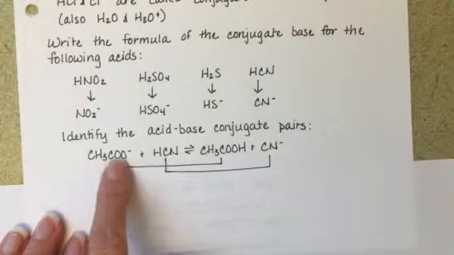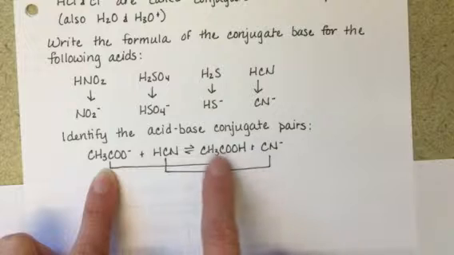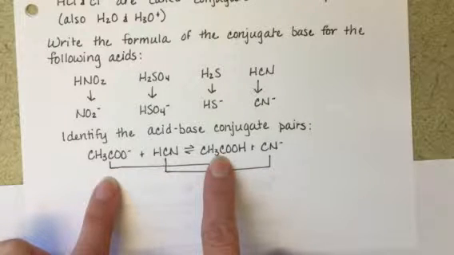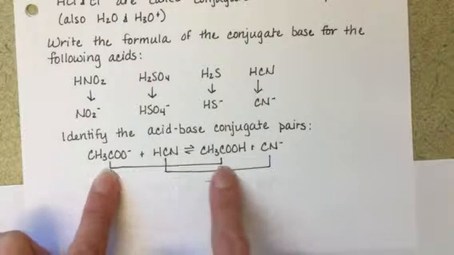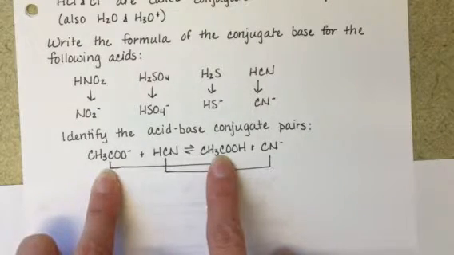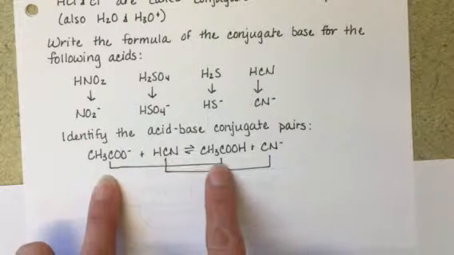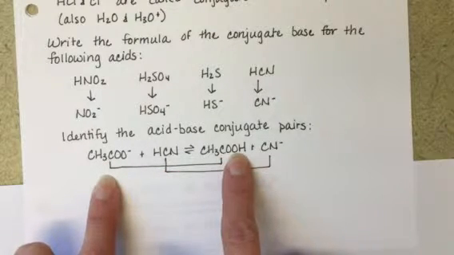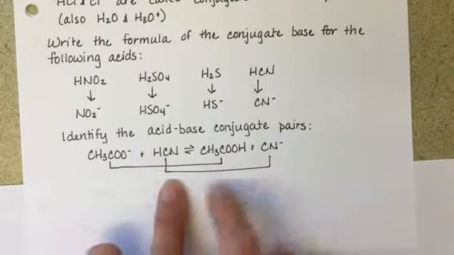For example, CH3COO-, if we look over to the right side of the equation, we can see that CH3COOH is really similar in terms of its molecular formula. So those two things are conjugate acid-base pairs. You can see that this one is gaining an H+. That means that this is a base, and this is its conjugate acid.